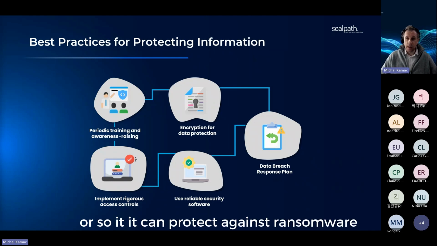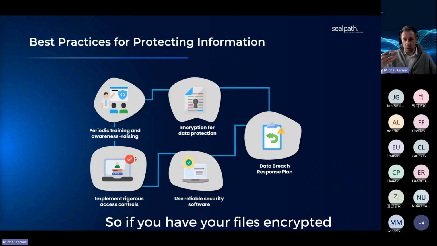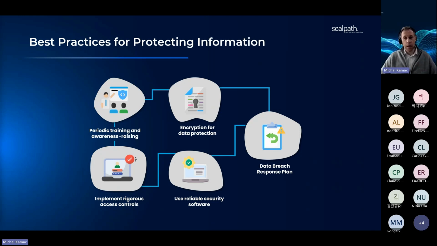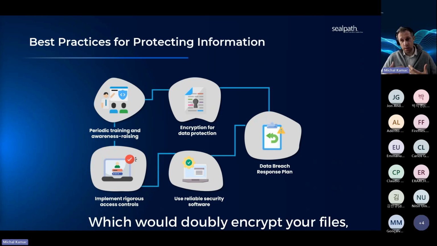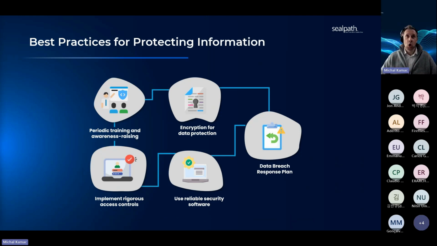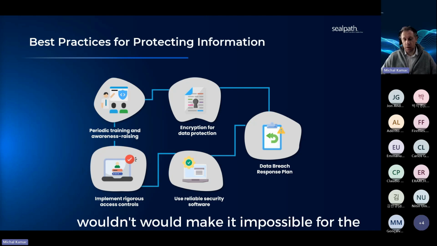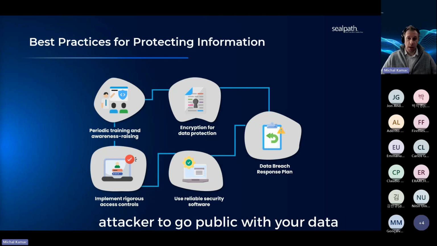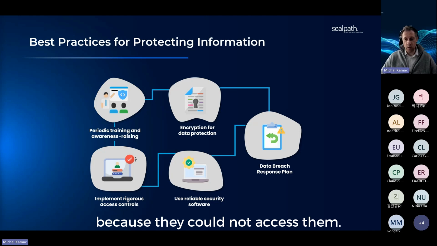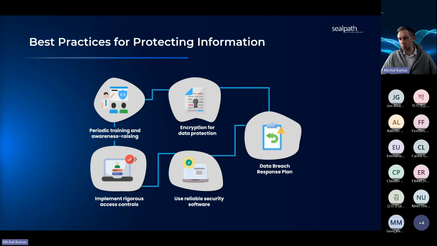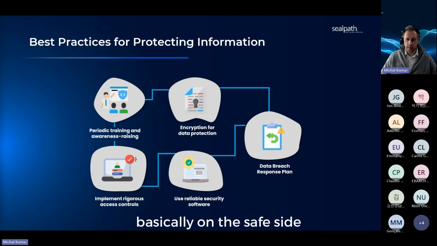Also, it can protect against ransomware attacks. So if you have your files encrypted, and a ransomware attack, which would doubly encrypt your files, would make it impossible for the attacker to go public with your data, because they could not access them. Okay, so as long as you have a backup copy which is not affected by ransomware, you are basically on the safe side.